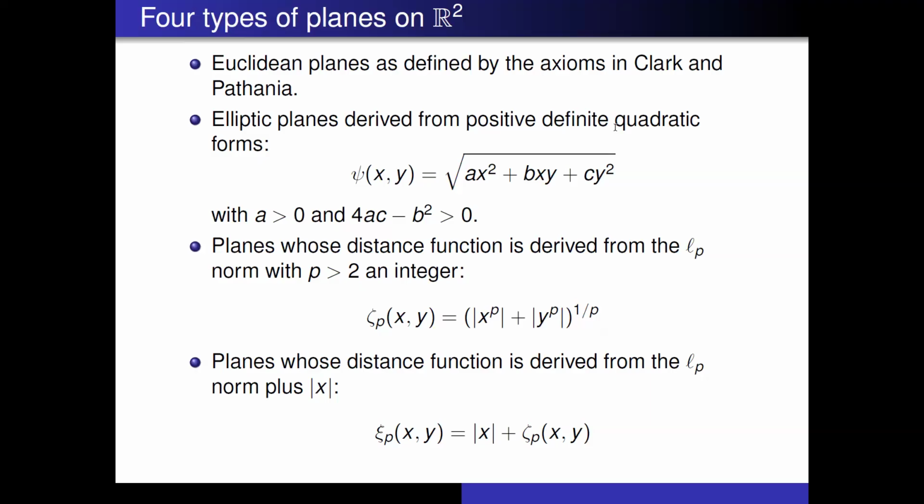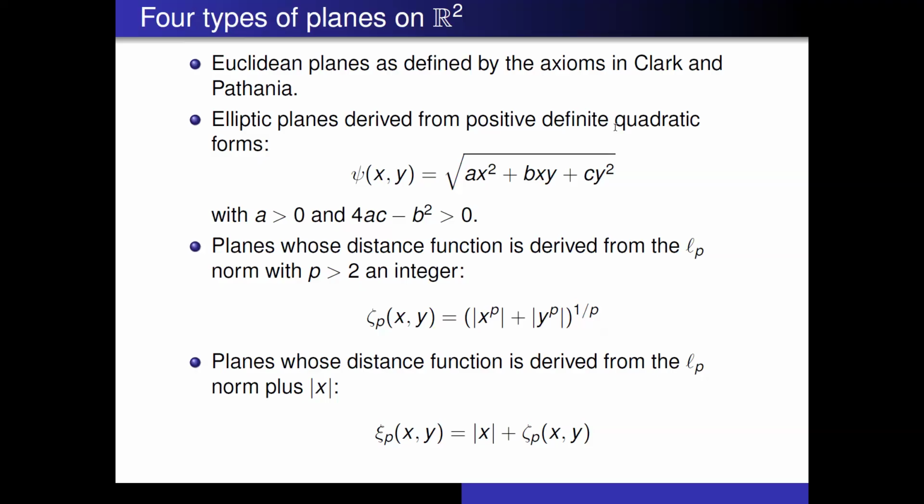Third kind of plane would be to use the other norms. Now, when you're teaching numerical analysis, you always use the norms with 1, 2, and infinity, but you can use other norms. So let's look at the LP norm with p an integer bigger than 2. Okay, so these give us another source of examples. And then we need some way to mess up the isometries.